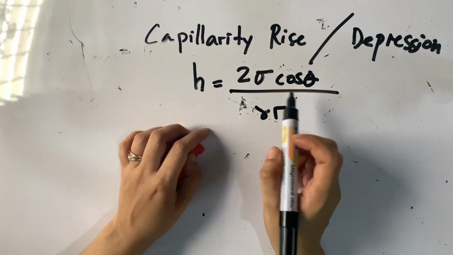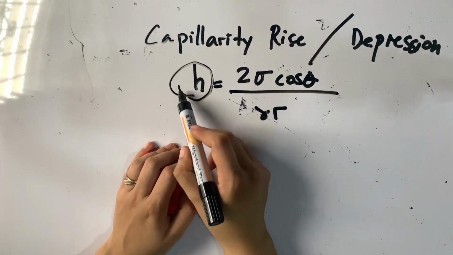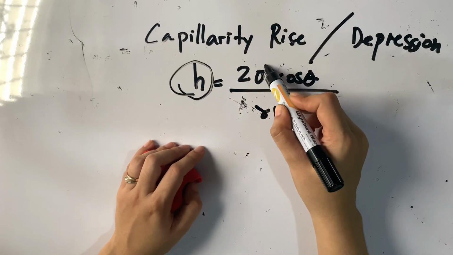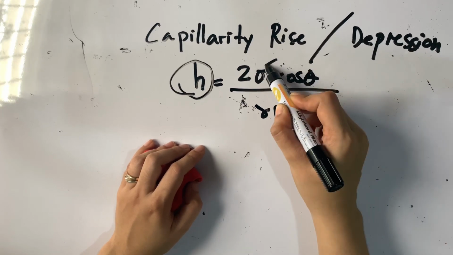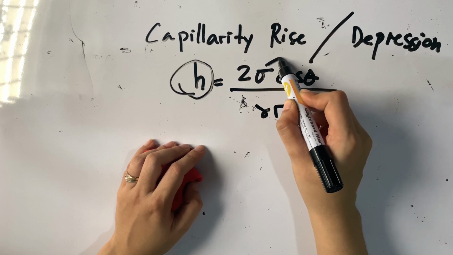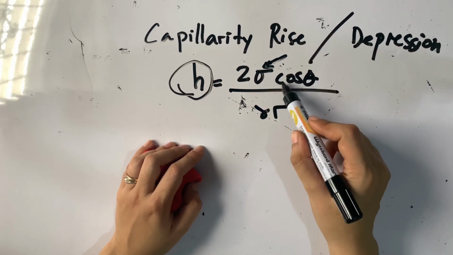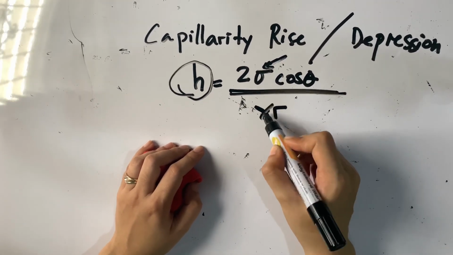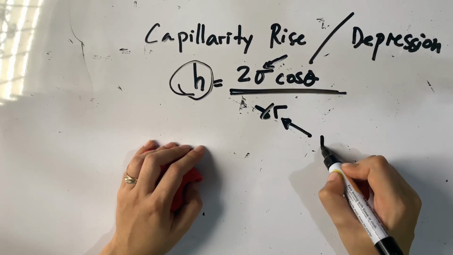Depression is denoted with h, and it is equal to 2 times the surface tension. Surface tension is the property of the surface of a liquid that allows it to resist an external force. Times the cos theta all over the specific weight times the radius of the tube.